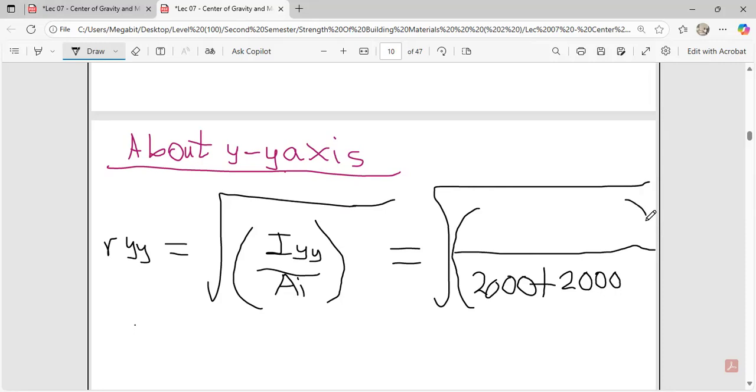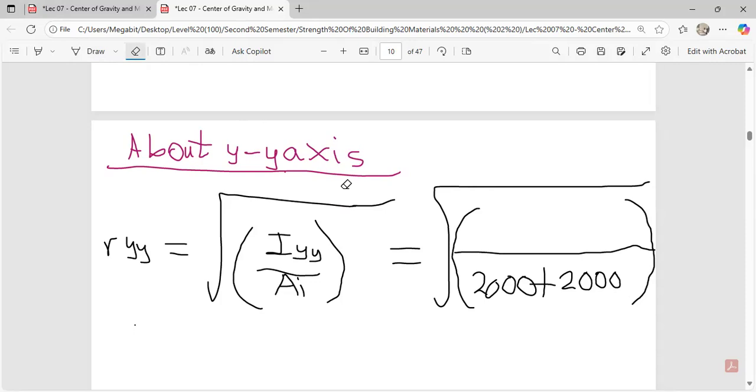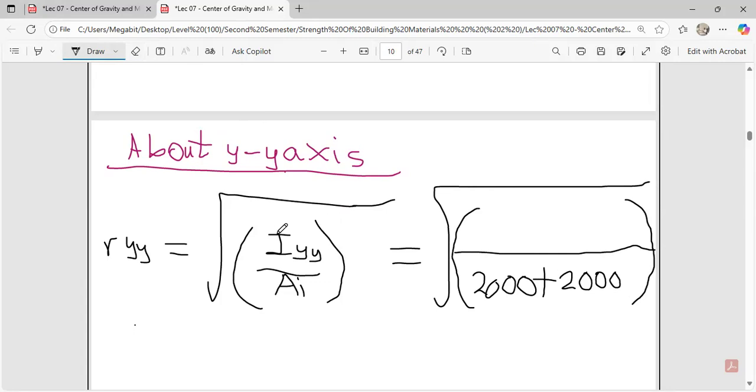Okay. Good. And then the rest is now going to become the y, the moment of inertia at y.